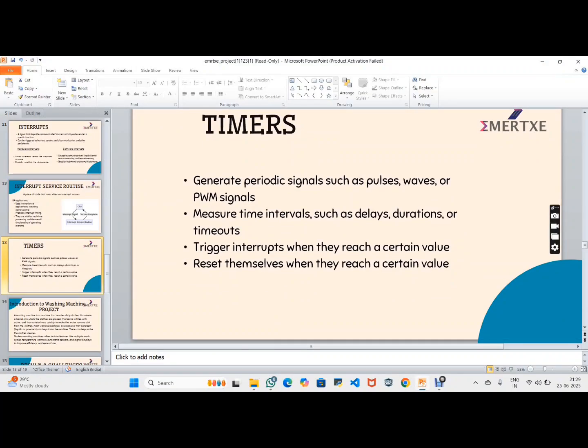Timer. A timer generates periodic signals such as pulses, waves, or PWM signals, meaning pulse width modulation signals. Timers are used to measure time intervals such as delay, duration, timeout, or countdown. They trigger an interrupt when they reach a certain value, and reset themselves at a certain value.